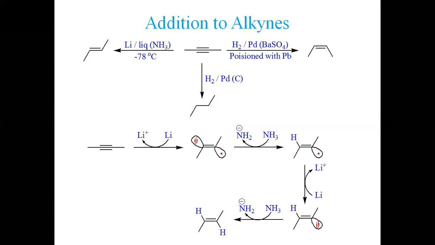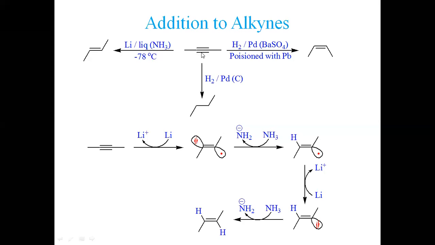But there are two reactions I am going to present which give a little selectivity in addition to alkynes, the carbon-carbon triple bond. If we are using molecular hydrogen with palladium as catalyst, adsorbed on charcoal, then it always gives this fully saturated hydrocarbon, no double bond.